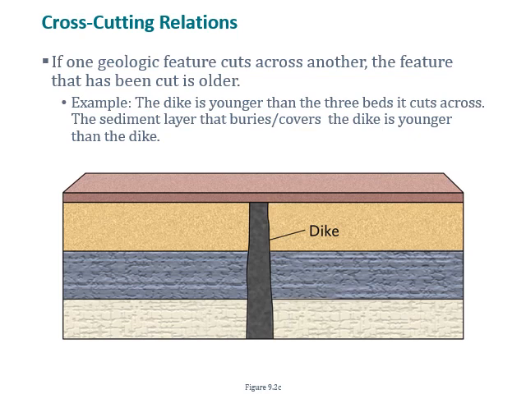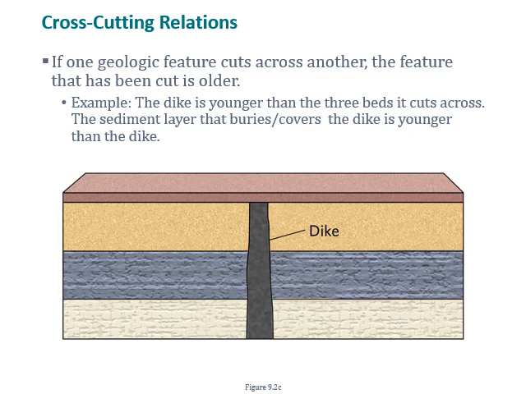Cross-cutting relations refers to the idea that if one geologic feature cuts across another, the feature that has been cut must be older than the one that is doing the cutting. So in this example, we've got an igneous dike intruding into some rock layers that are laid down horizontally, and it cuts across these different layers and the contacts between them.